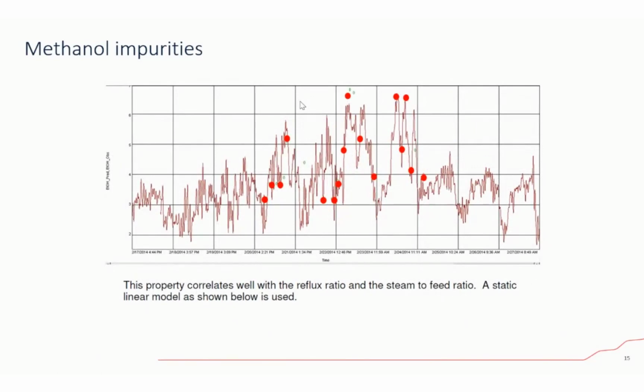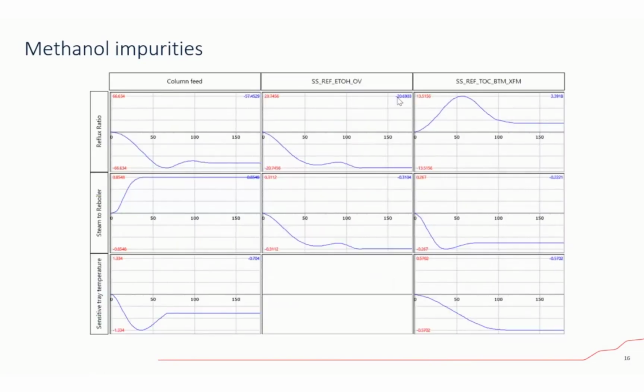And then my soft sensor will just be enough for me to start reducing reflux until I get to my maximum allowable impurities. You don't need APC for that. And I would say, initially, maybe yes, but remember that the steam to feed ratio also has an influence in the impurities.